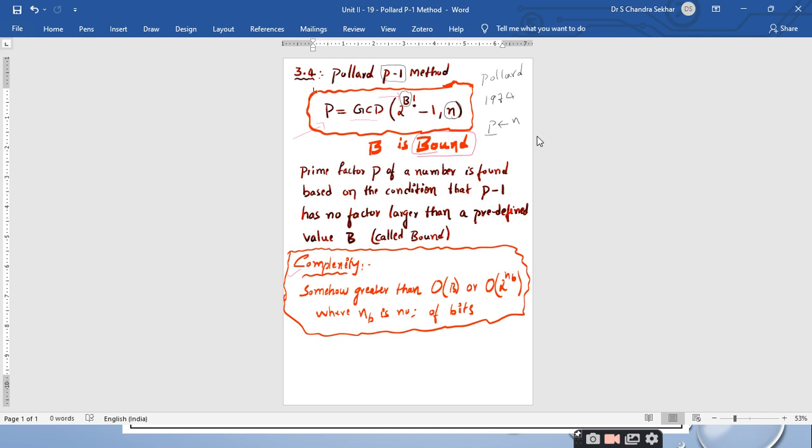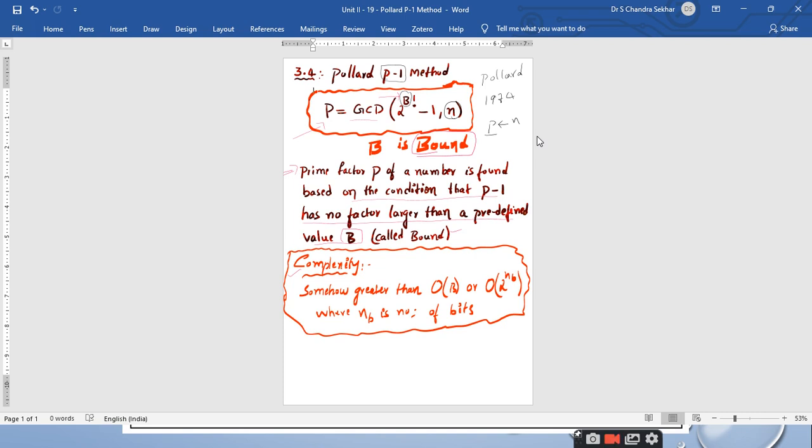Here you can see that the prime factor p of a number is found based on the condition that p-1 has no factor larger than the predefined value B, which is called the bound. And p is given by the formula p is equal to GCD of 2 power B factorial minus 1 comma n. The important concept you have to remember here is the complexity of Pollard p-1.